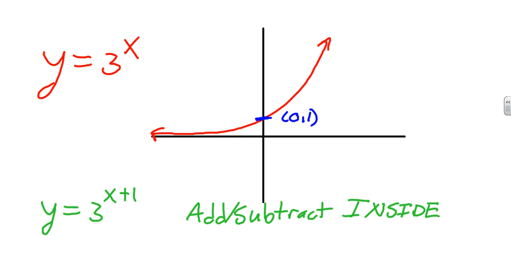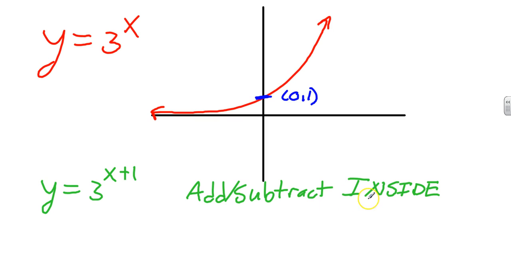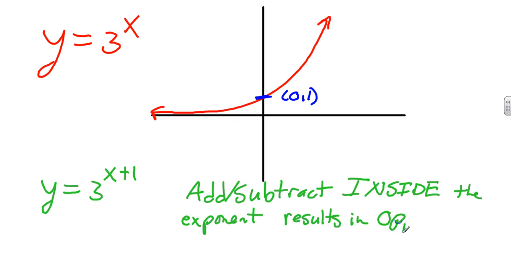The only thing we're changing for Chapter 3 is that now it's inside the exponent. So it's opposite horizontal movement.